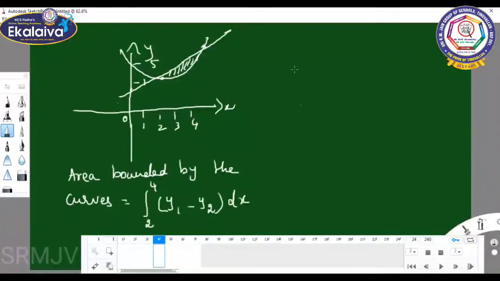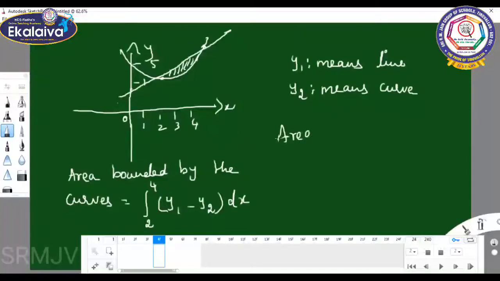So here y1 means line and y2 means curve. So area equal to integral 2 to 4.